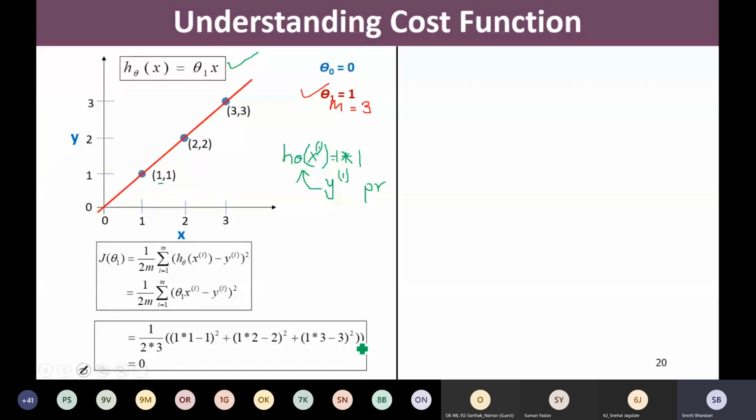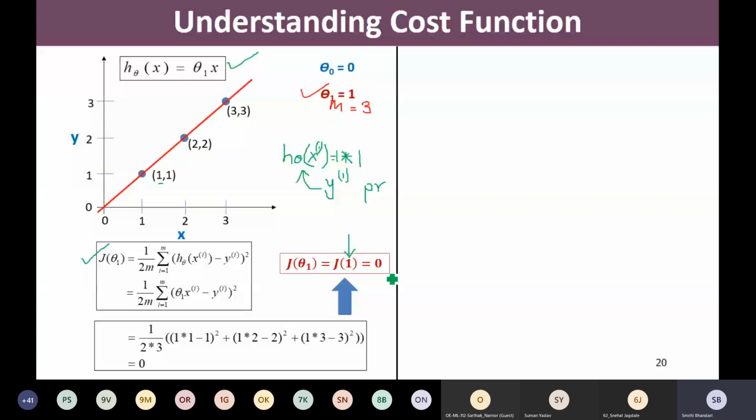After substituting these values, what I get is 0. So my cost function J of theta 1 is evaluated as 0. So J of 1 is equal to 0, where 1 is my theta 1 value.